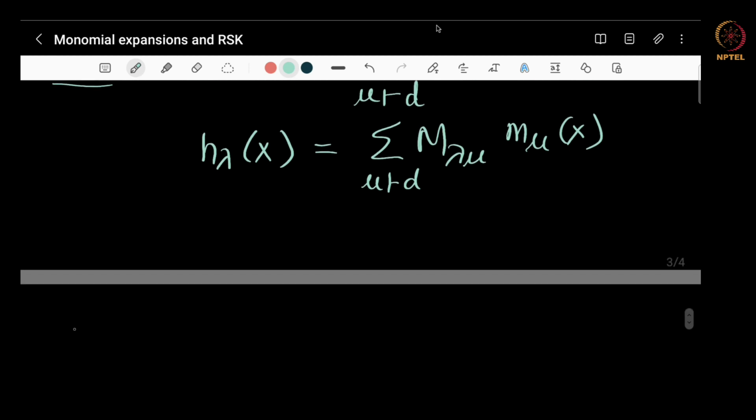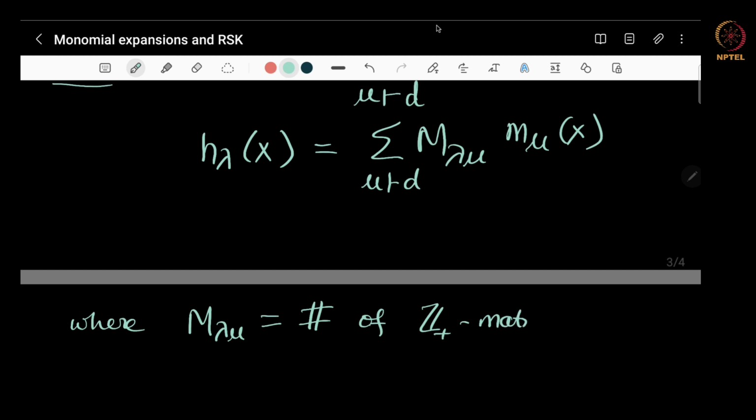So what are m and n? m lambda mu is the number of non-negative integer matrices, Z plus matrices, with row sum lambda and column sum mu.